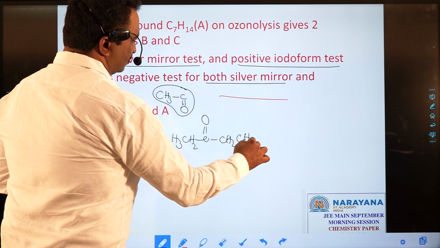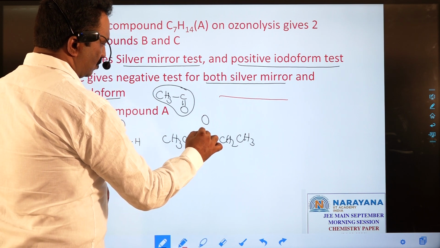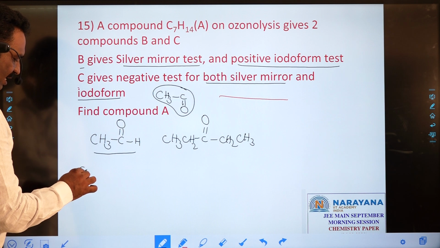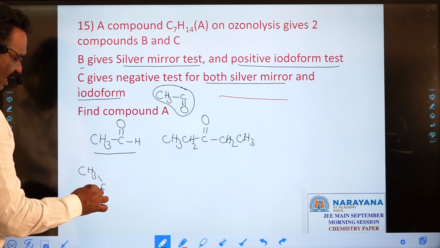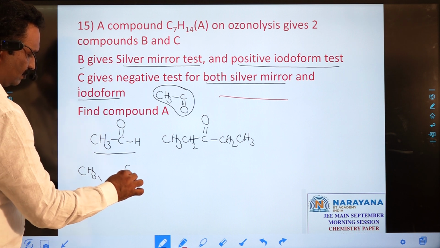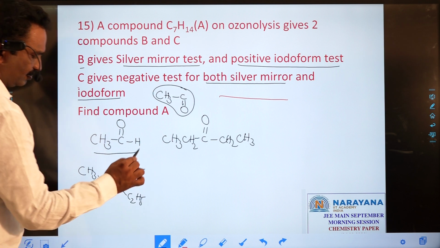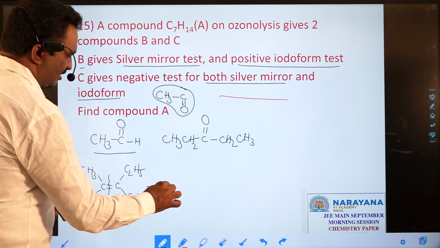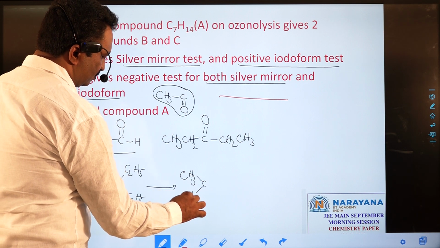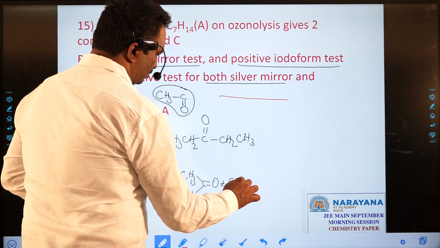So you can take this is the ketone possible. From this aldehyde and ketone, what is the possible alkene here? So here is the alkene. This alkene by ozonolysis we get acetaldehyde and diethyl ketone.